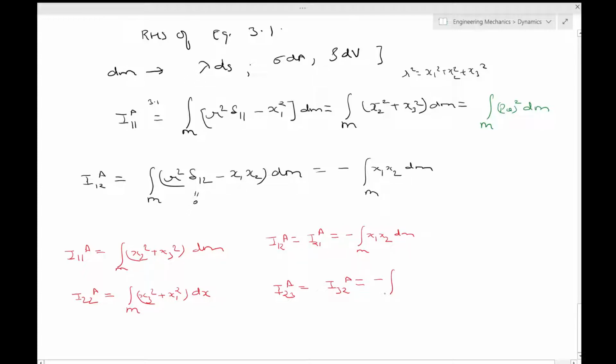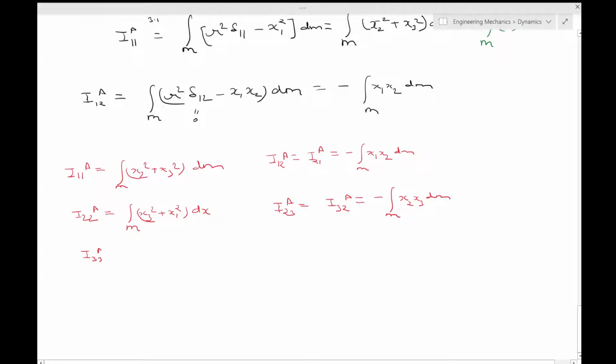Minus of x2 x3 dm. Then you have I33 of A, which is the integral of m (x1 square plus x2 square) dm.